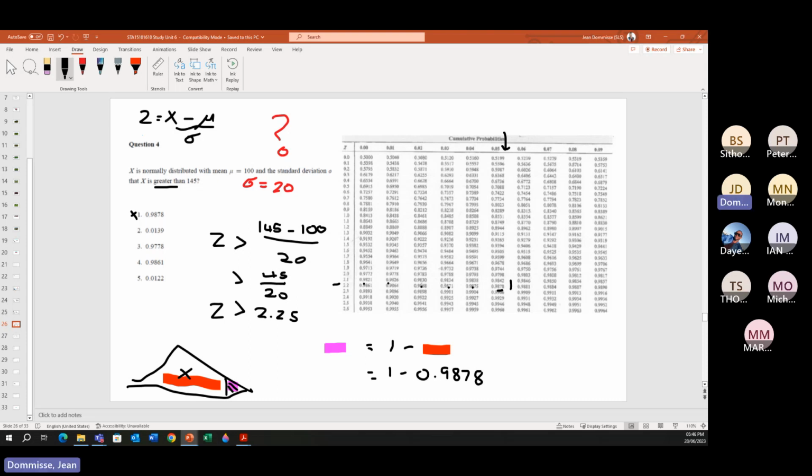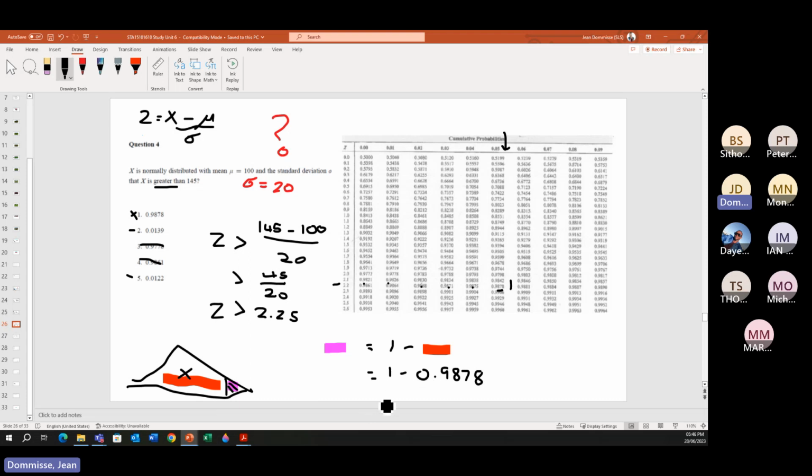So it's not that one. Also, what we could have seen is that we're working with something that needs to be smaller than 0.5. So we could have eliminated the other two as well.